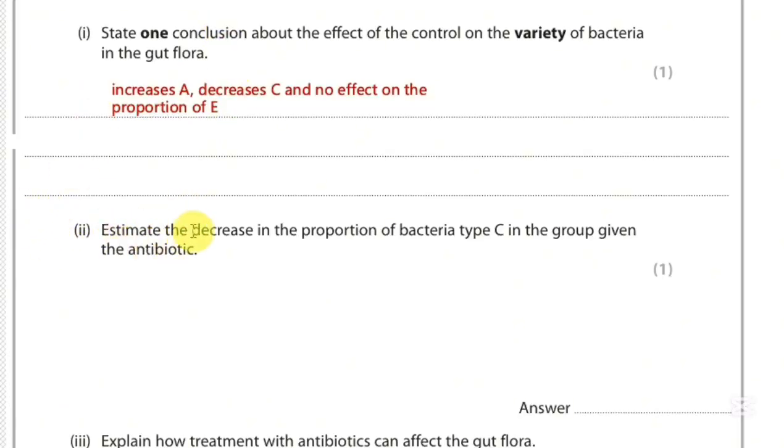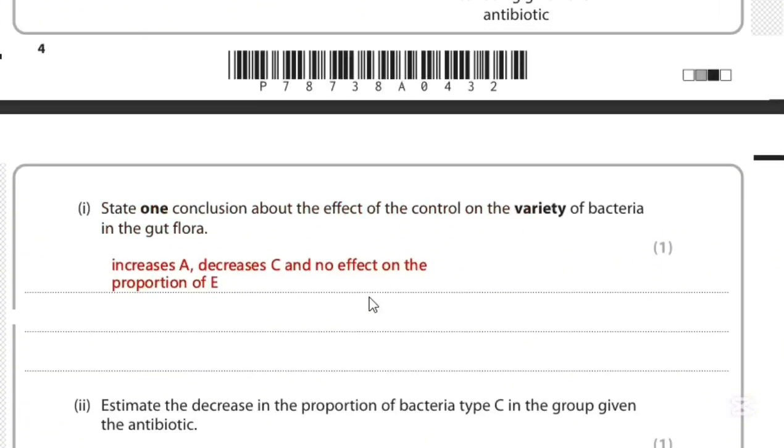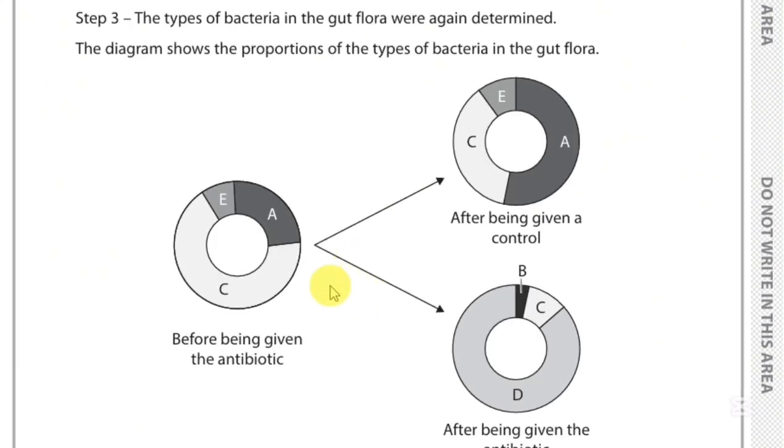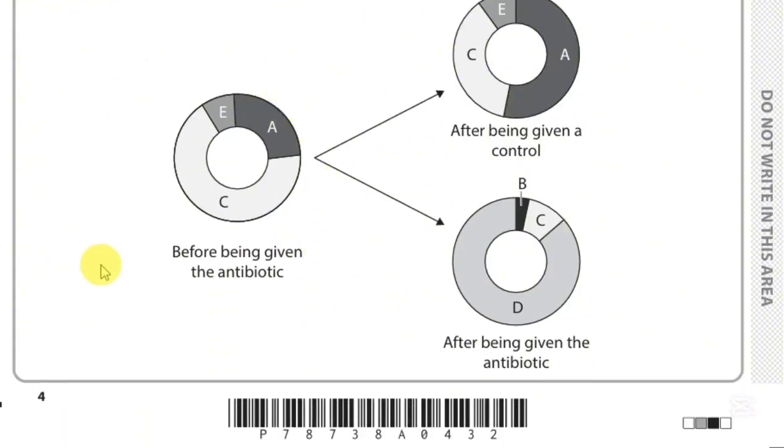Estimate the decrease in the proportion of bacteria type C in the group given the antibiotic. So we need to estimate. We don't need to calculate. We just need to estimate, like guessing what decrease has happened in the proportion of C after giving the antibiotic. So we can see through the diagram it has decreased up to 70 to 80%, right?